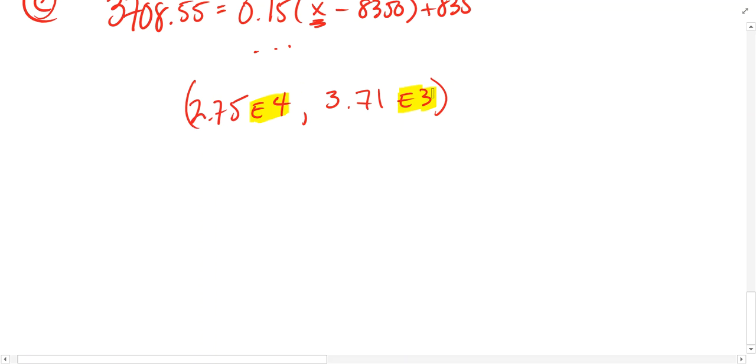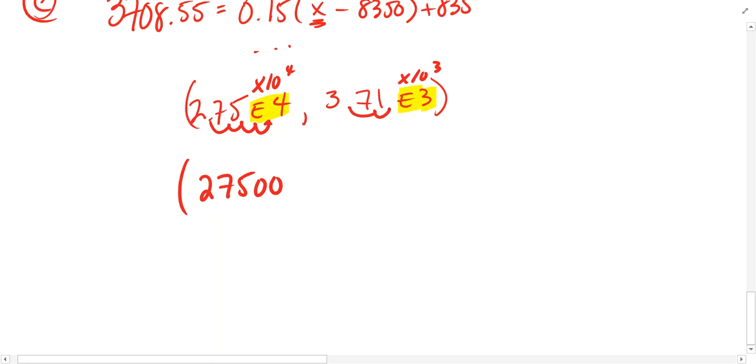This E4 and E3 is implying the notion of times 10 to the fourth power or times 10 to the third power. This is the number of decimal places that we can move our decimal to obtain our result. So 2.75 times 10 to the fourth would be 27500. Again, we're moving this decimal 4 places to the right.